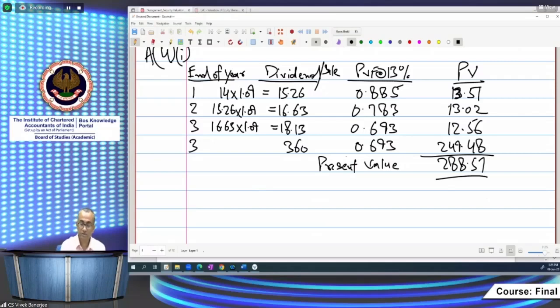Let us calculate this part 2. Formula will be P0 is equal to D0 into 1 plus G upon KE minus G.